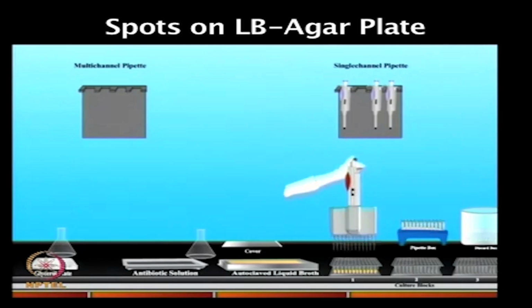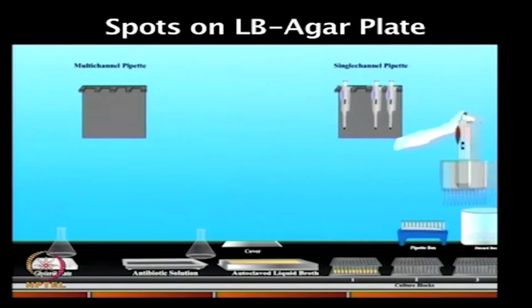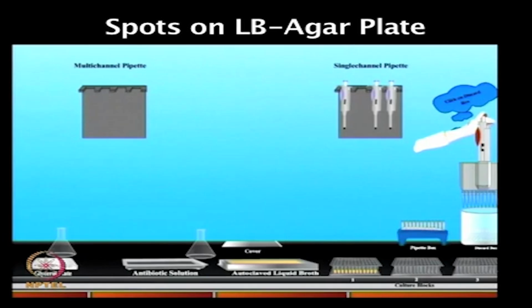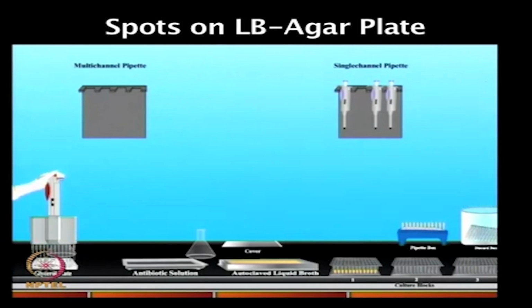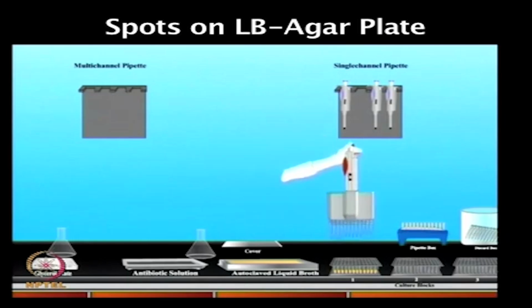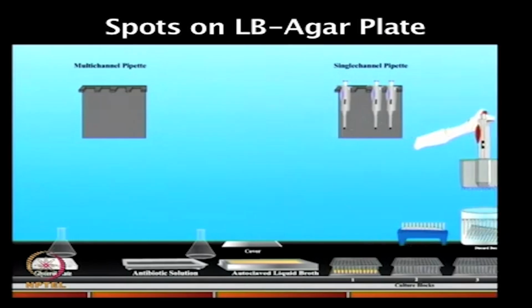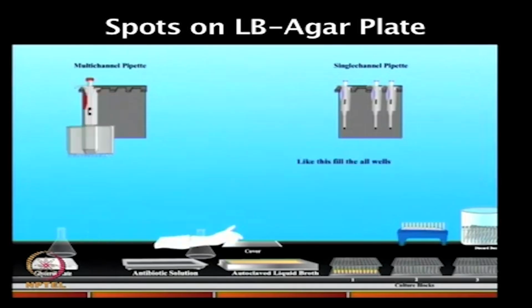You need to ensure that you have added the antibiotic solution in each well. Once culture blocks are ready, then inoculate the liquid culture from the bacteria grown on the agar plates. Similarly, you can fill all the wells.